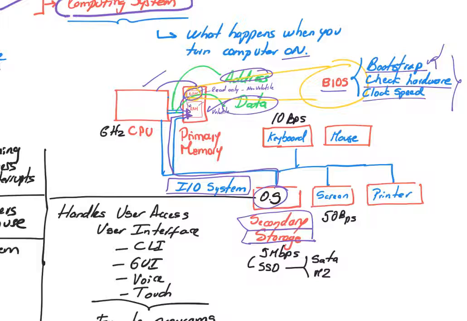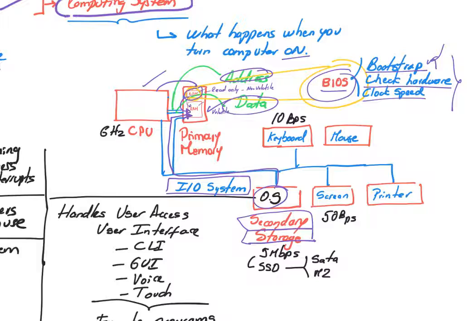We're going to see that later on, but for the moment what you need to understand is that the basic input-output system is responsible for loading the operating system into memory to be executed. The operating system always resides in secondary storage, and it is loaded when you start the computer.